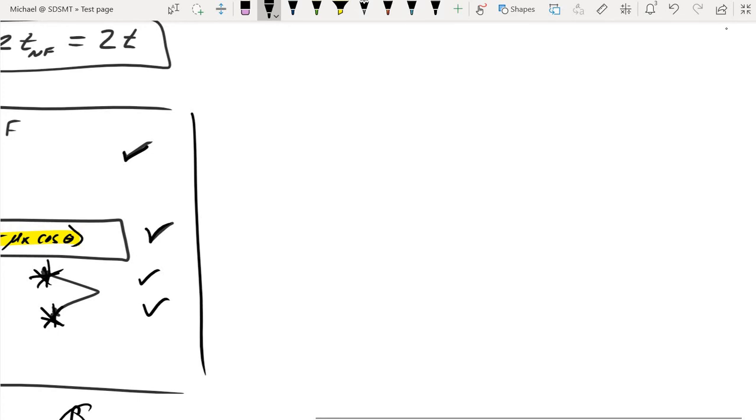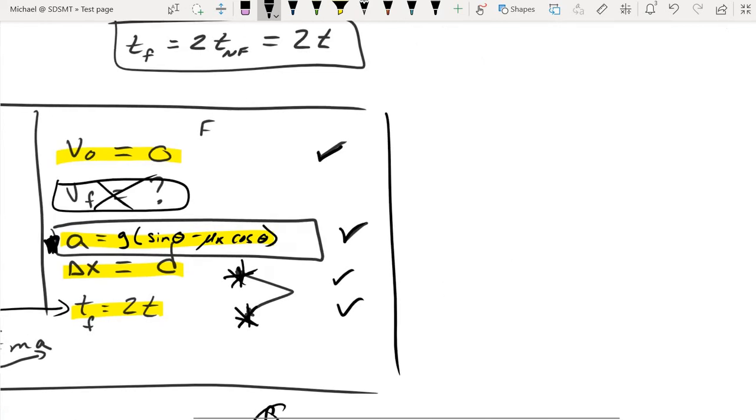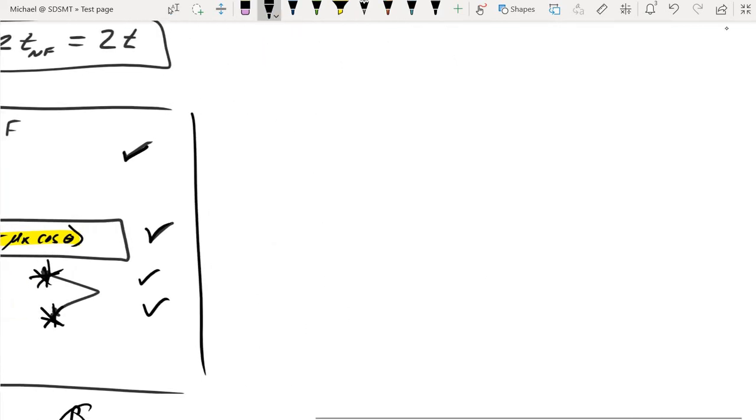The kinematic equation I want is the one that leaves out the final velocity. So we look at our list of kinematic equations. The one that leaves out final velocity is delta x equals v naught t plus half a t squared.